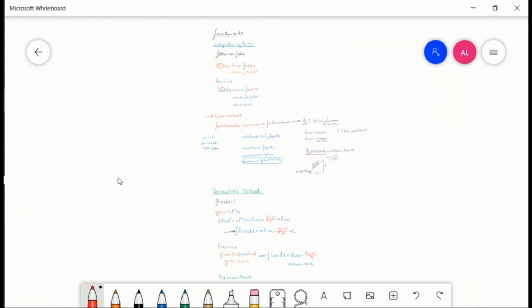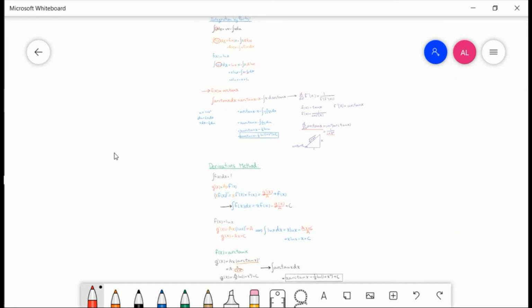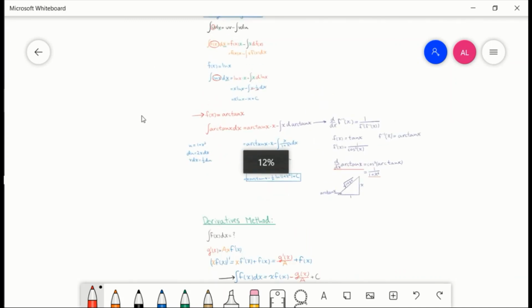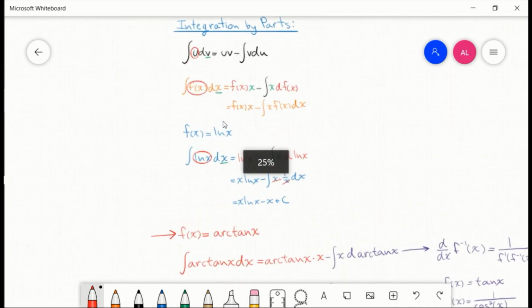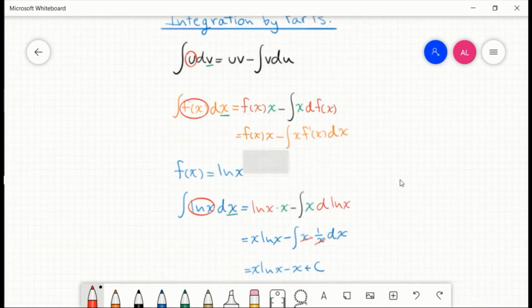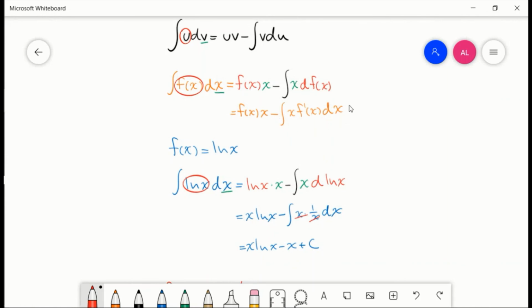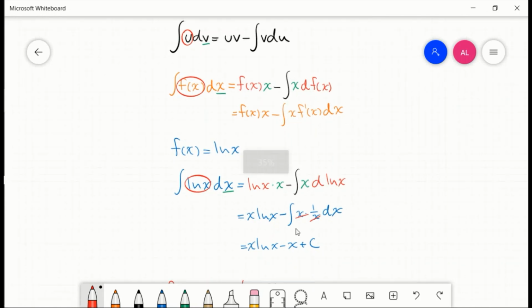So these are just two really great methods to find the integral of a function for which we may not have standard integration rules. And I think a very important lesson in both of these methods is that we don't know if the integral of x f prime of x dx will be defined.